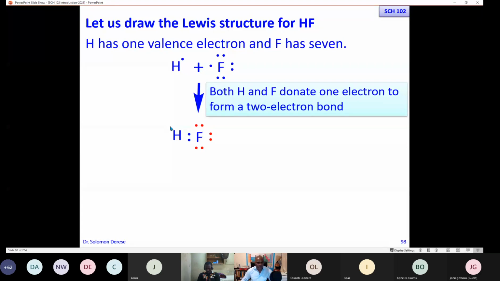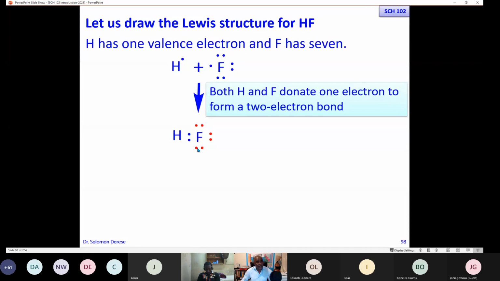Then if you count the number of electrons around the hydrogen, there are these 2 electrons. Around the fluorine, there are these electrons shown in blue, 1, 2, and then the electrons in red. These are in total 6: 1, 2, 3, 4, 5, 6.